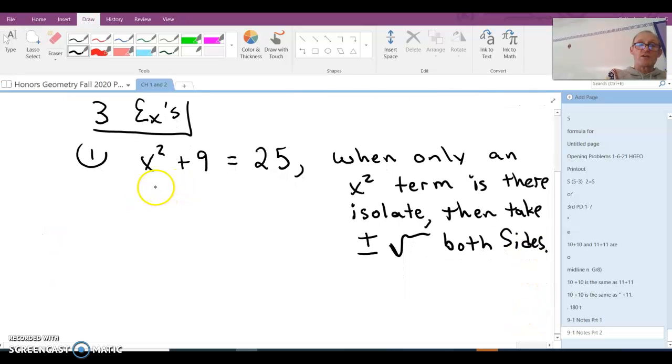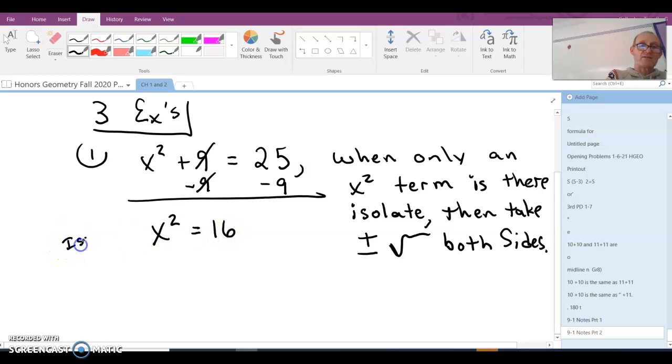So the first thing I need to do is isolate the x squared term here. So I'm going to subtract the 9 from both sides, and I write x squared equals 16. So isolate.